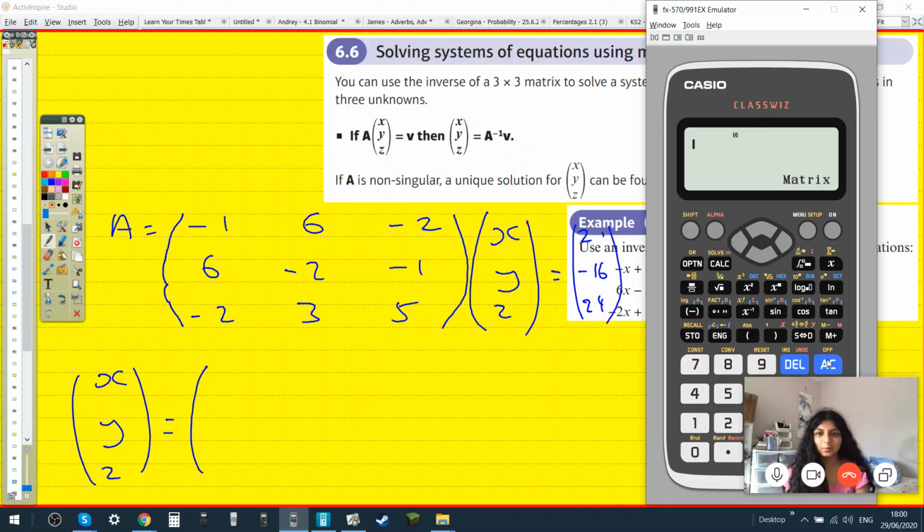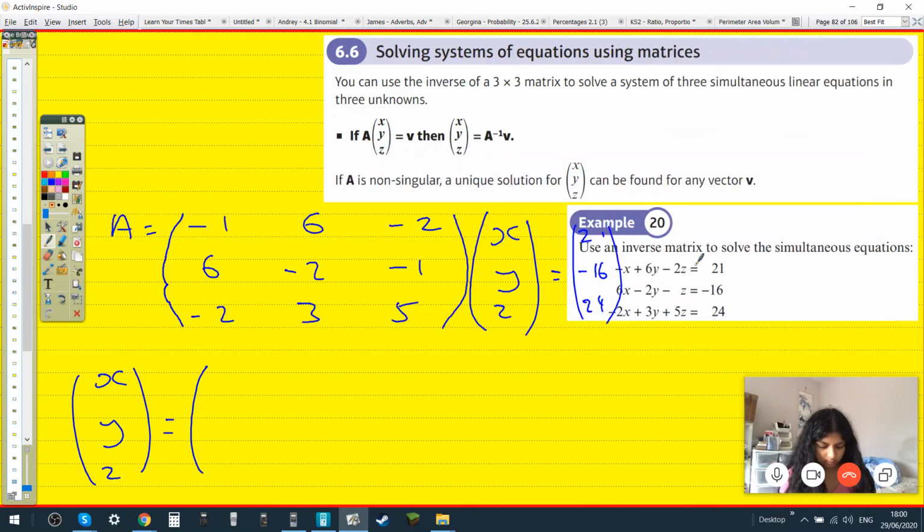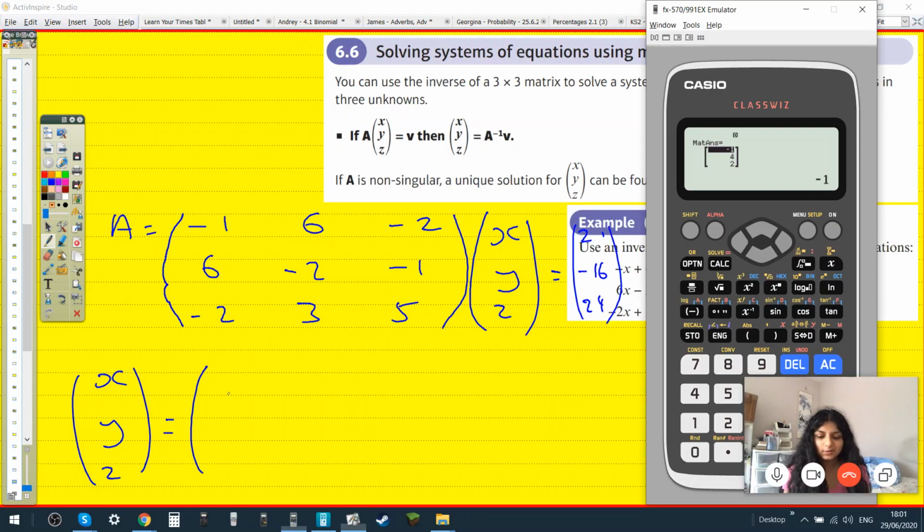I'm gonna do matrix A to the minus 1 times matrix B, which I just put in, 21, minus 16, 24. Well, I got minus 1, 4, 2 for X, Y, Z.